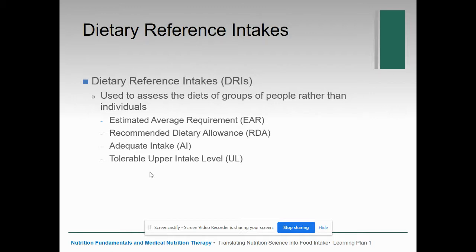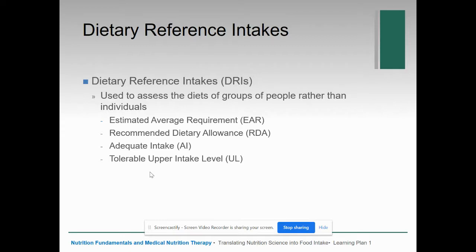For instance, we have the RDA for protein, which is 0.8 grams per kilogram for a healthy individual. As we'll learn later in the semester, someone with kidney disease is not considered a healthy individual, so their needs would be either higher or lower than that RDA of 0.8 grams per kilogram.